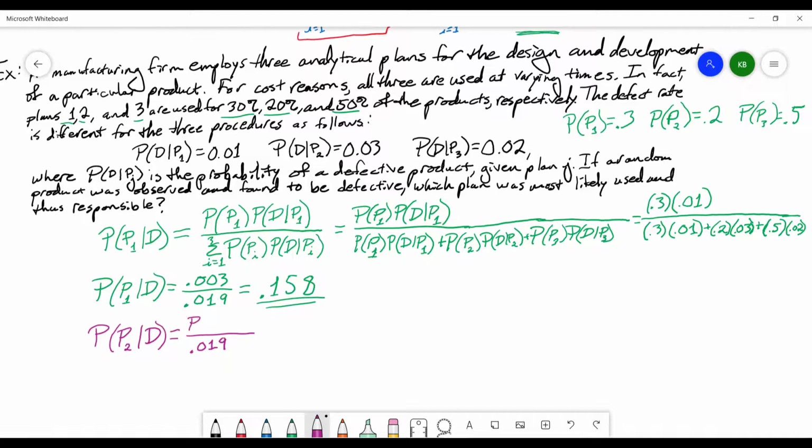I'm looking for the probability of plan 2 being used times the probability that it was defective given that plan 2 was used. So my probability that plan 2 was used is 0.2, and my probability that it was defective given that plan 2 was used is 0.03.